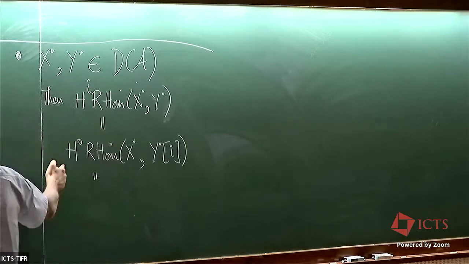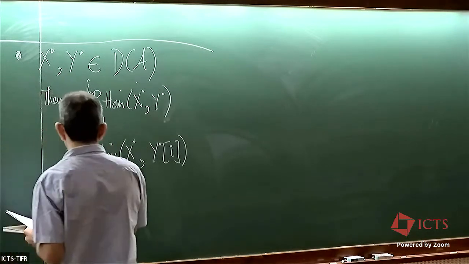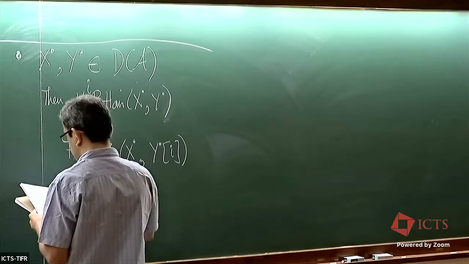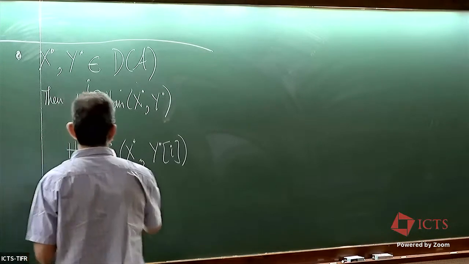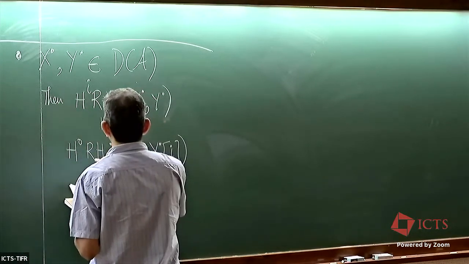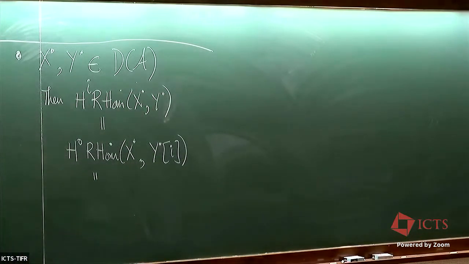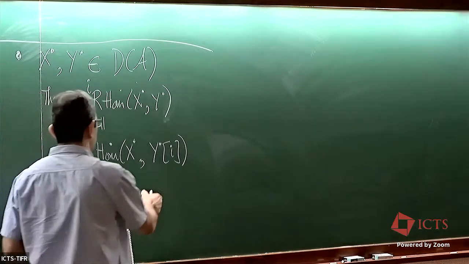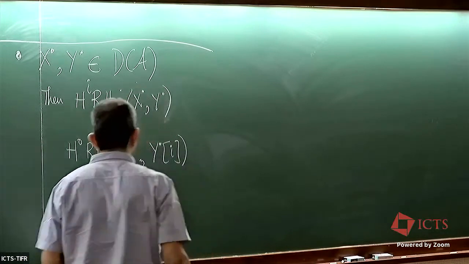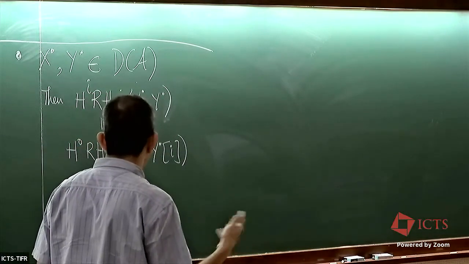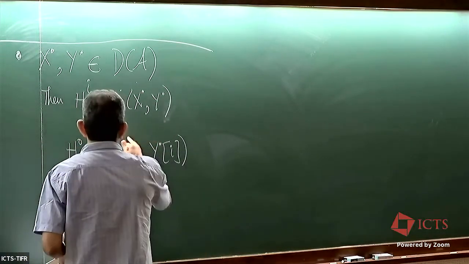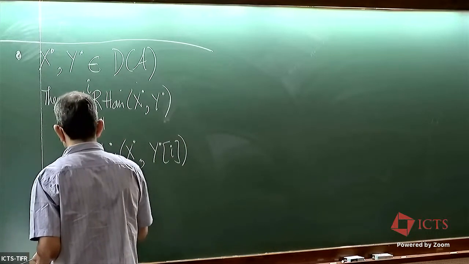I have to be careful here: this is R hom dot. Here I have used hom dot, and the difference would be to replace y dot by an injective resolution. If y dot is unbounded, one uses so-called K-injective resolutions, but for the time being let me just say injective resolution.